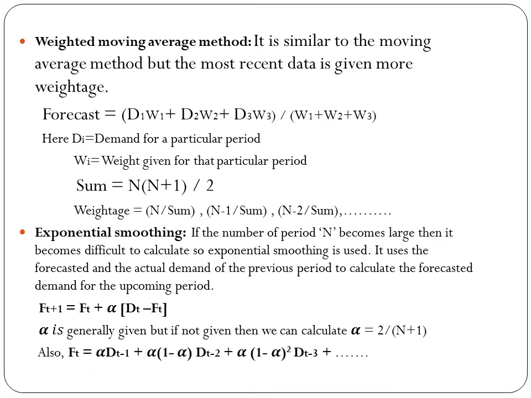Also F of t is equal to alpha of dt minus 1. This is the generalized first order formula of exponential smoothing. Basically, you will be able to solve the problems using the first formula itself. Kindly pause the video and write down these formulas. These are very important from the perspective of GATE.